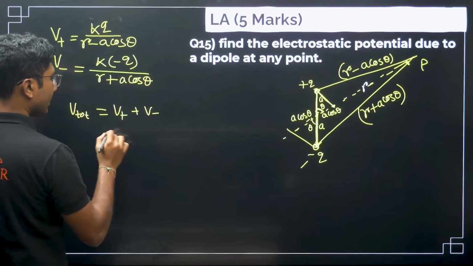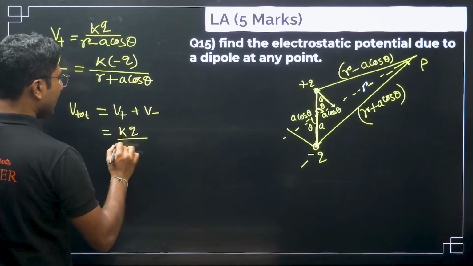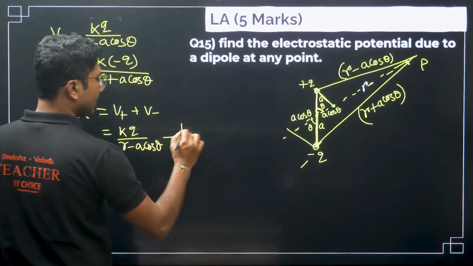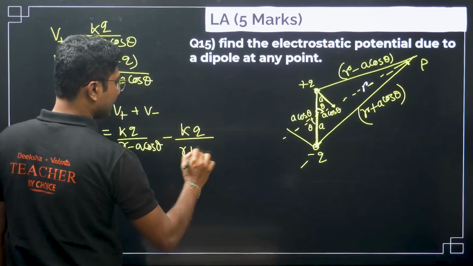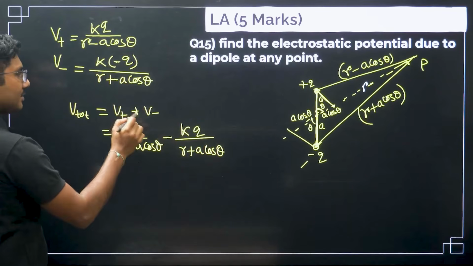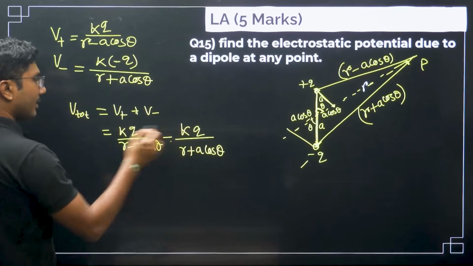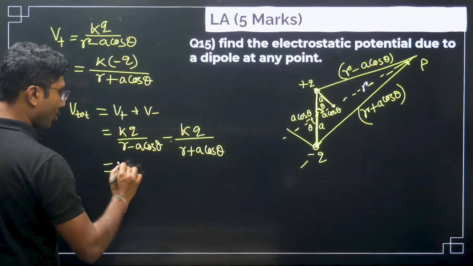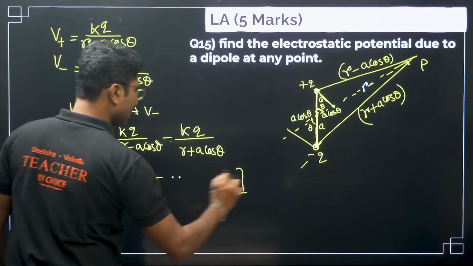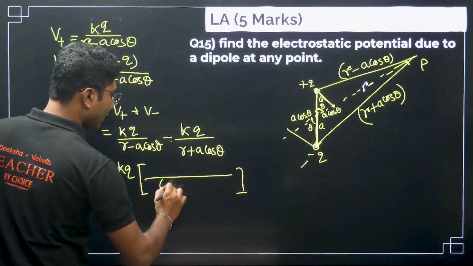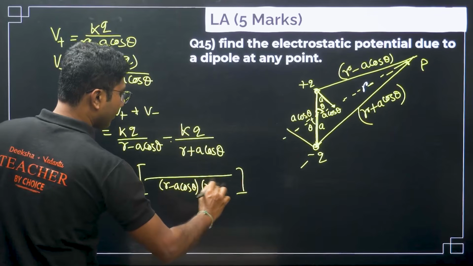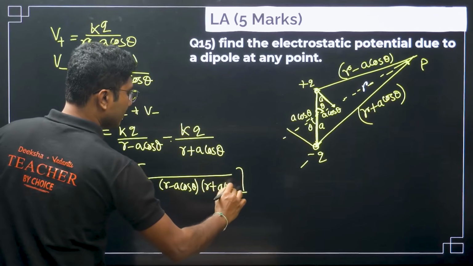Now let's put these values. So KQ by r minus A cos theta minus KQ by r plus A cos theta. So this minus and this plus multiplied become minus. Now K and Q can be taken as common, and then we have to add these two terms. In the denominator, r minus A cos theta into r plus A cos theta.